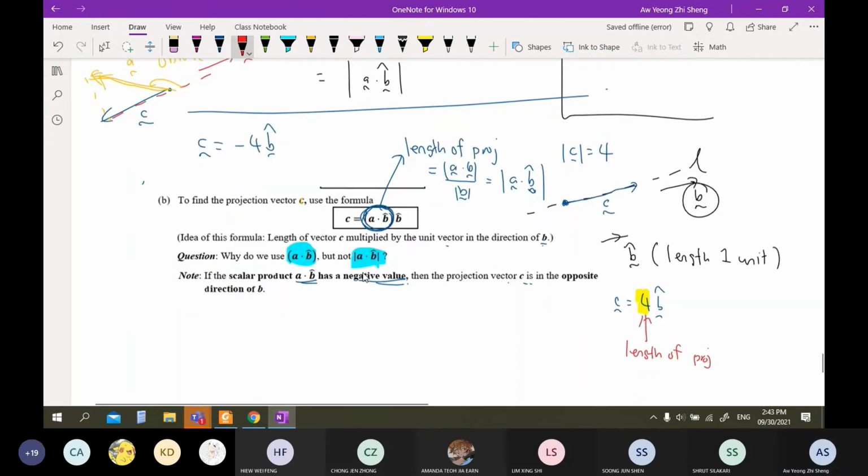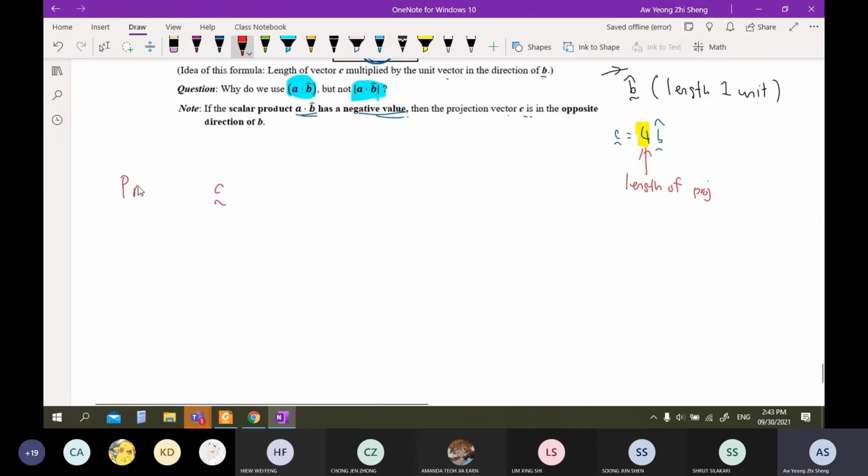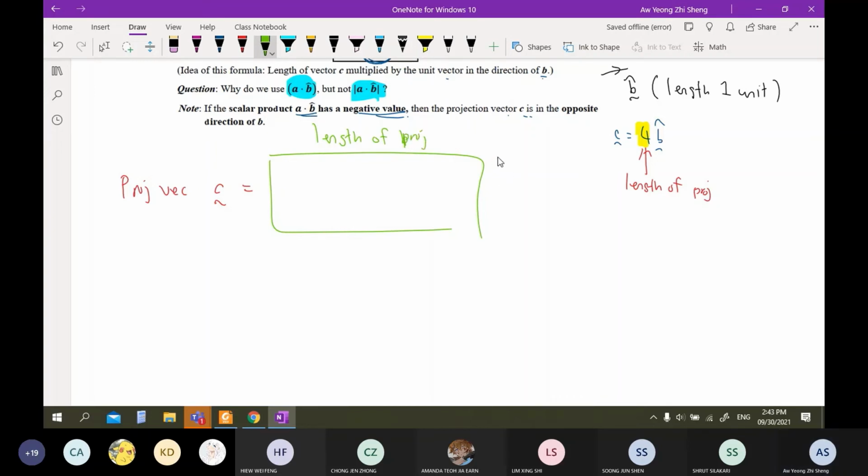So if you want to find the projection vector C, you just use the formula. Okay, so to get the projection vector C, you just use the idea of using the length. The idea is length of projection multiplied by unit vector in the direction of B. Right, but one thing to take note of is the length of projection, you're going to remove modulus, to take care of the possibility of theta being obtuse.